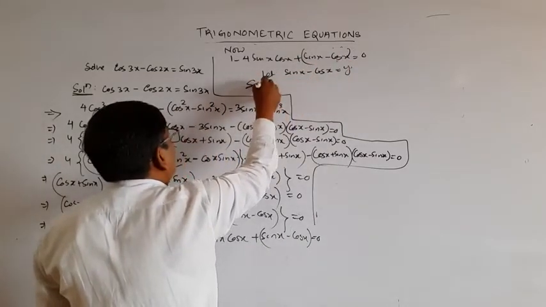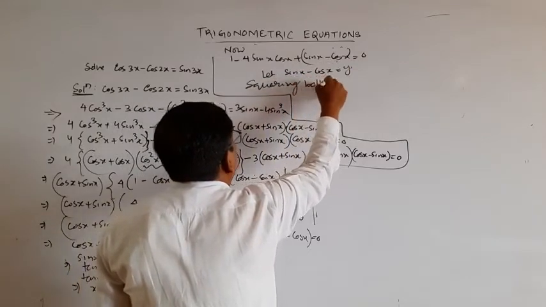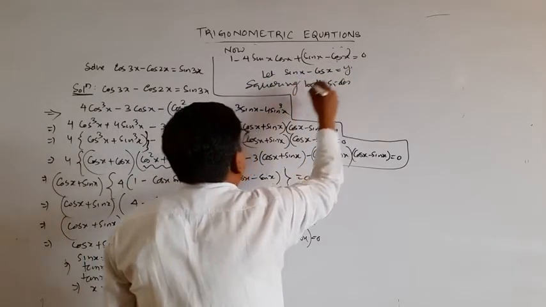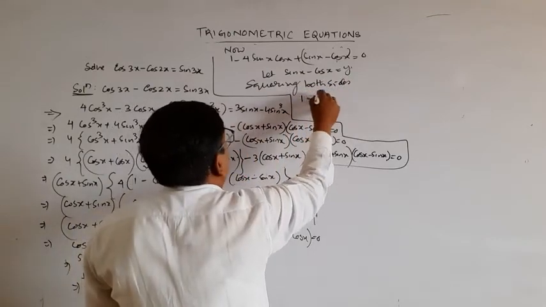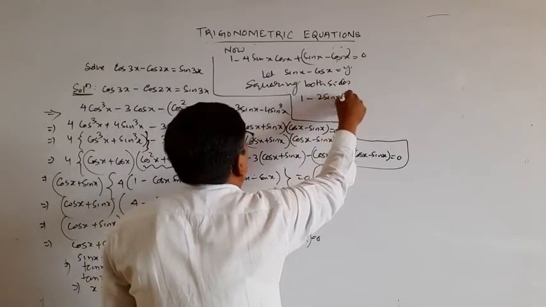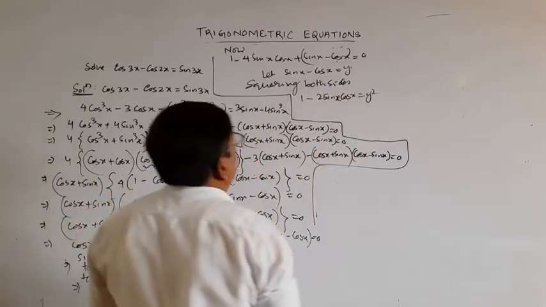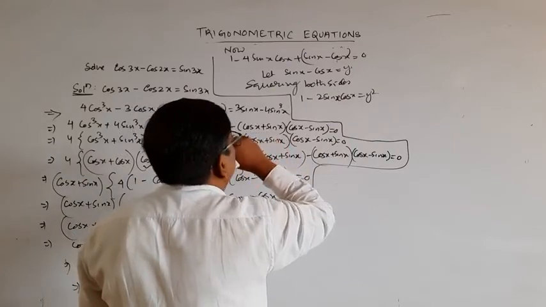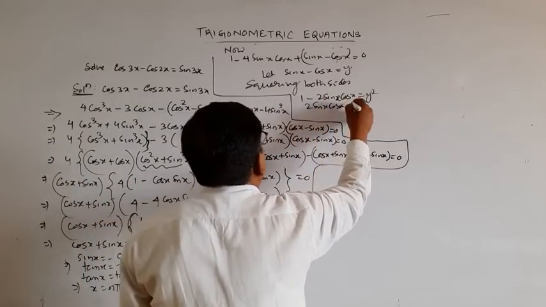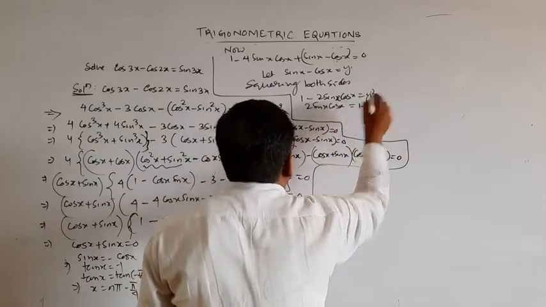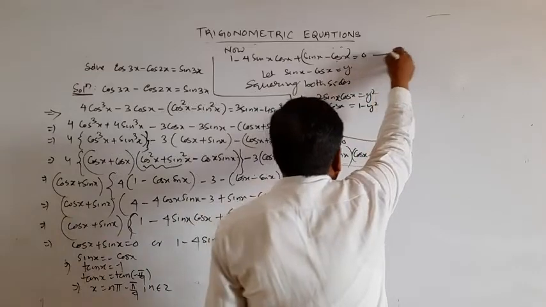Squaring both sides, sin square x plus cos square x is 1, so 1 minus 2 sin x into cos x is equal to y square, or 2 sin x into cos x is equal to 1 minus y square. Suppose this is equation A.